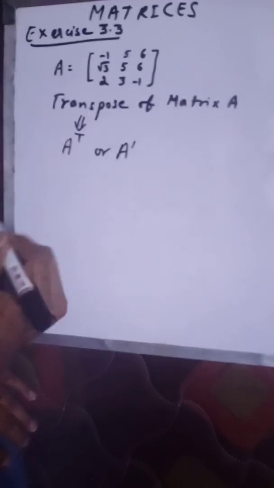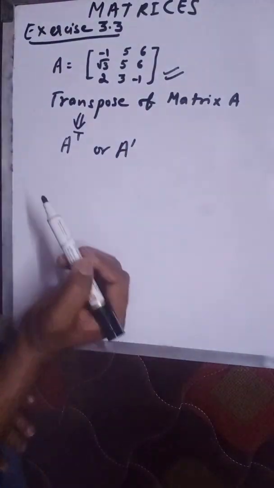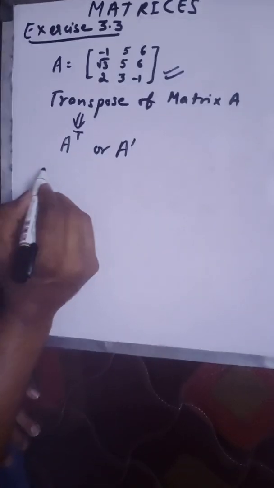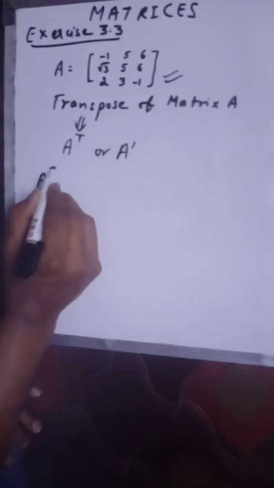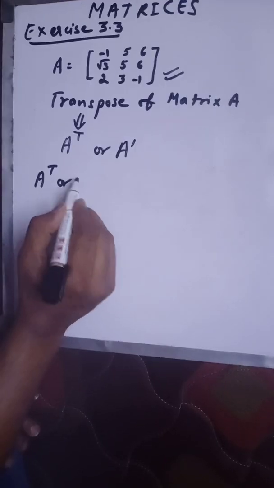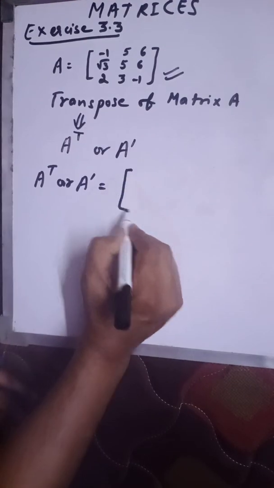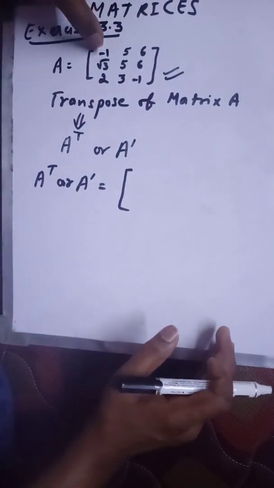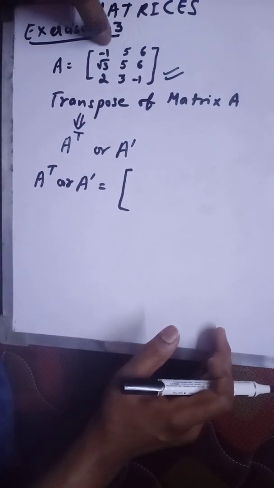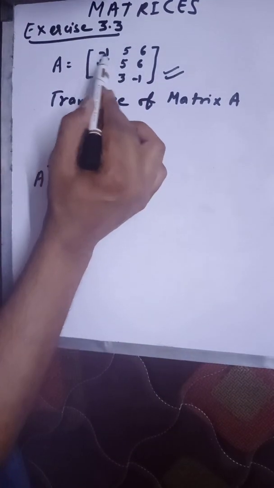And now we have to find out the transpose of this matrix. So how will you find out? You will write A transpose or A dash equals to -1, 5 and 6. This is the first row of this matrix.